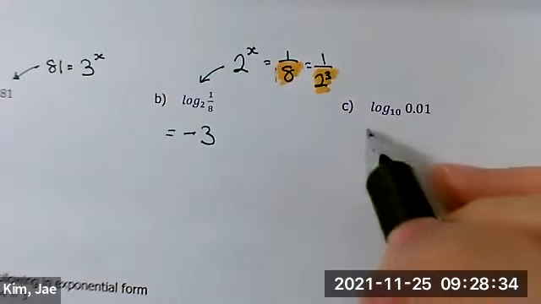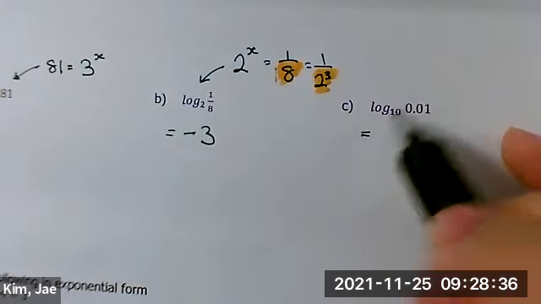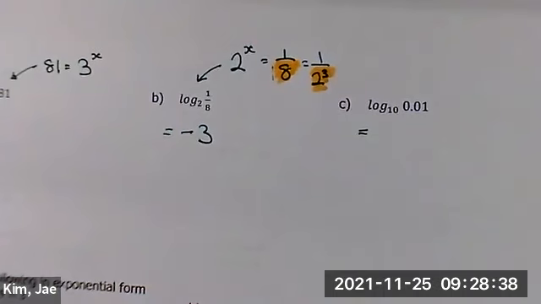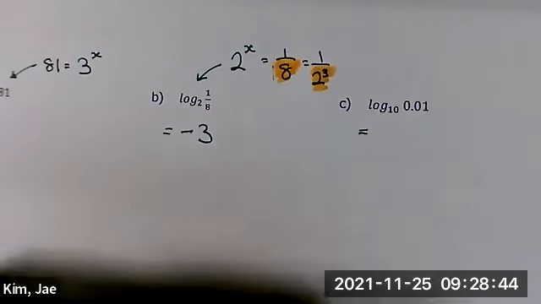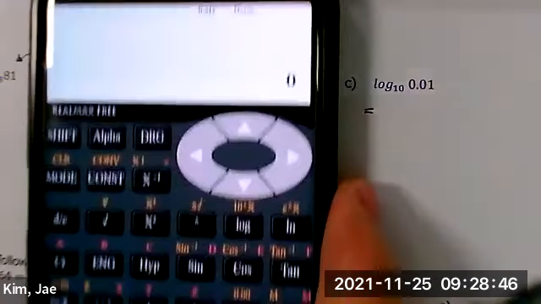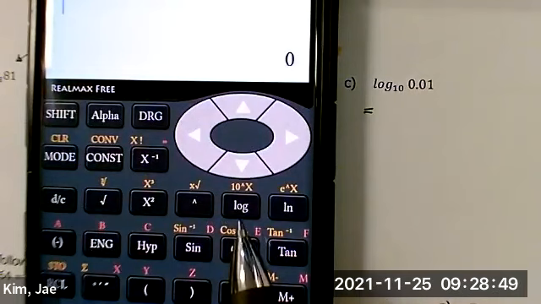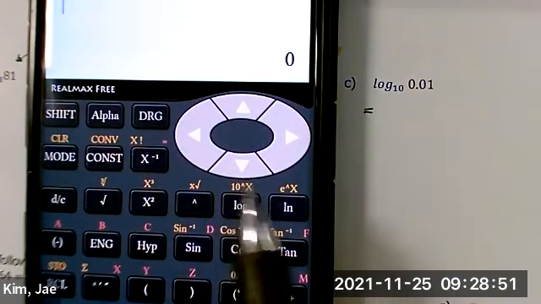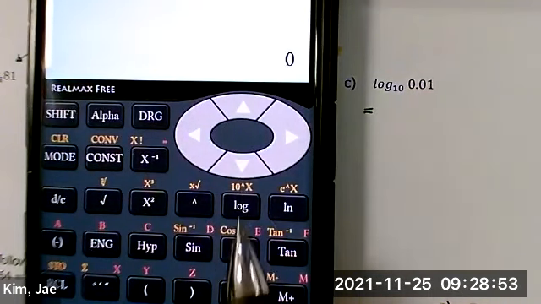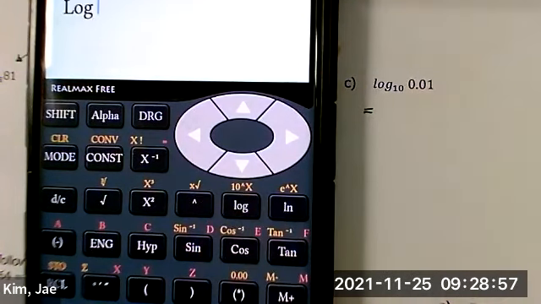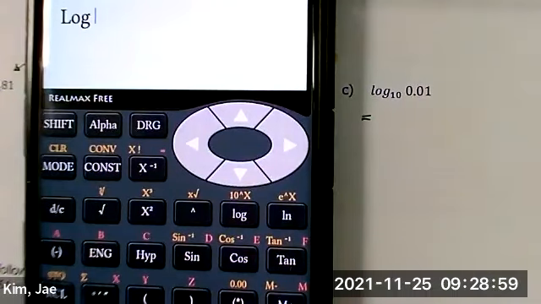All right, same thing. If the base is 10, here you can actually use a calculator if you want to. Try it out. Notice how on my calculator by the shift, it's already 10 to the power of. That's the opposite of log. So log, which is automatically base 10, of 0.01, what do you predict the answer to be?